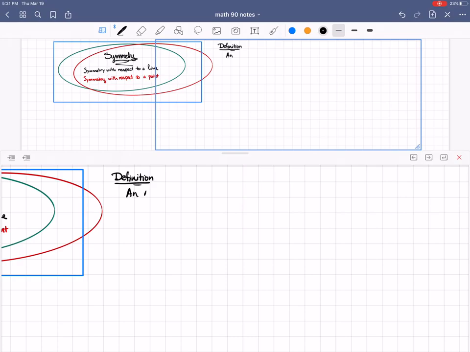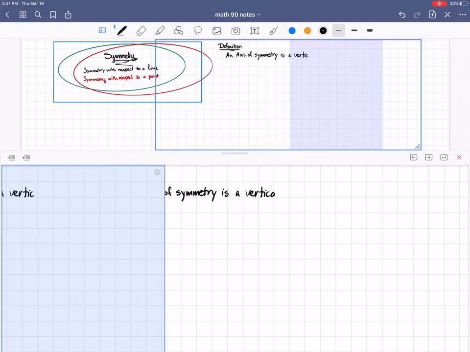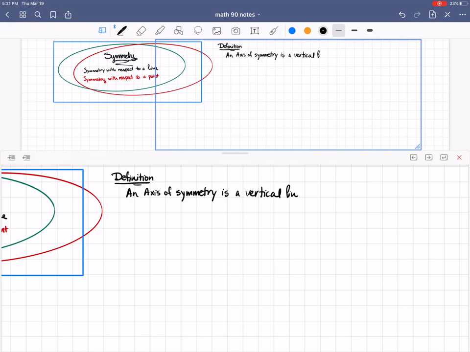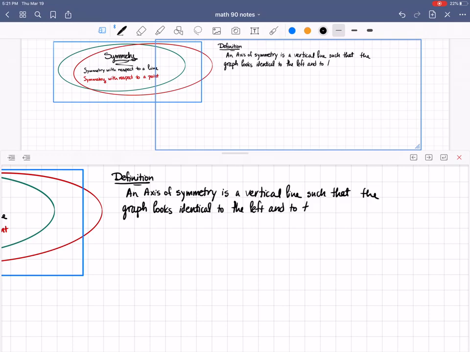So an axis of symmetry is a vertical line such that the graph looks the same, or even we can say identical, to the left and to the right of it.